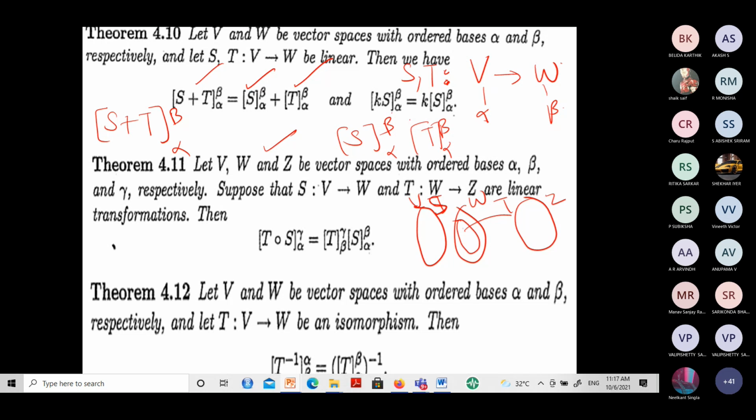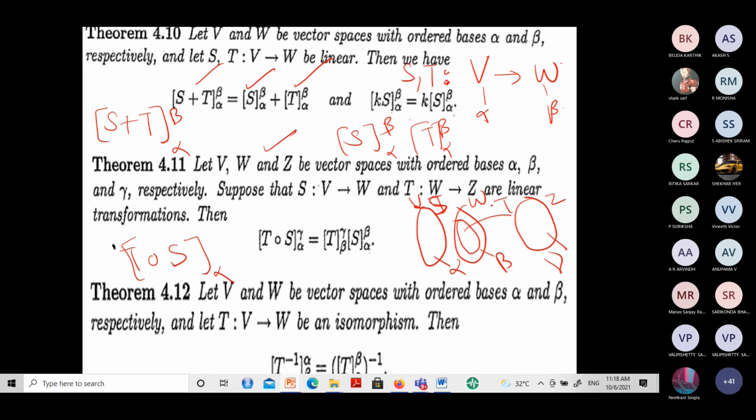Please do remember this. So whenever you have such a linear transformation, T is a linear transformation, S is a linear transformation, T composition S is also a linear transformation. For that, alpha is the starting basis. Here you have alpha. Here the basis is beta. Here the basis is gamma.